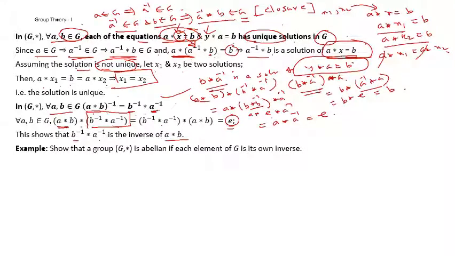Let us solve a problem here. একটা problem আমরা বলছি, show that this group G star is abelian if each element of G is its own inverse. একটা গ্রুপ G যদি এমন হয় যার প্রত্যেকটা এলিমেন্ট নিজেই নিজের ইনভার্স, then it is abelian group.